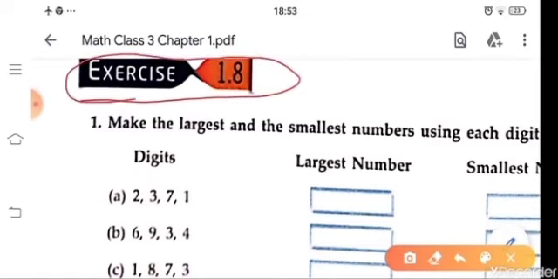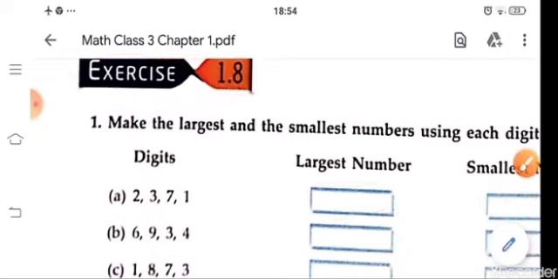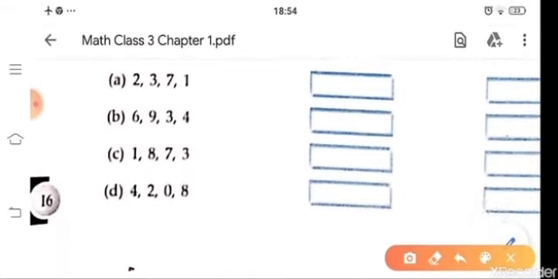In this again we have to write the largest number and the smallest number from these digits. Which one is largest over here? 7. Then we write the numbers in decreasing order: 7, 3, 2, 1. And the smallest number in increasing order: 1, 2, 3, 7. Similarly, do the rest of the examples in your copy.